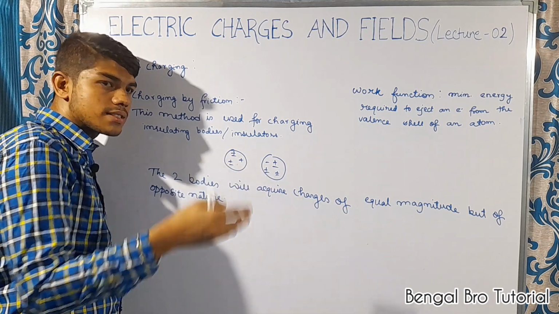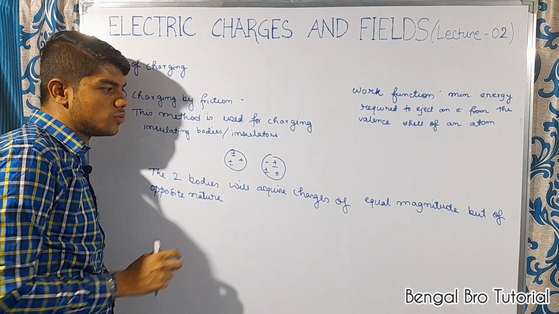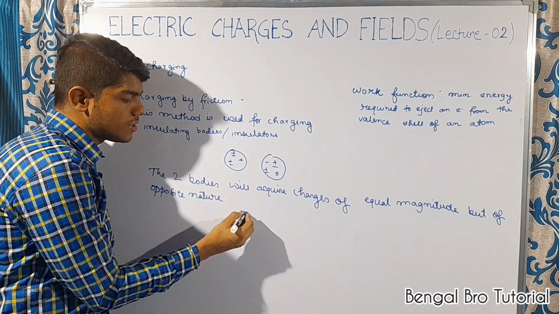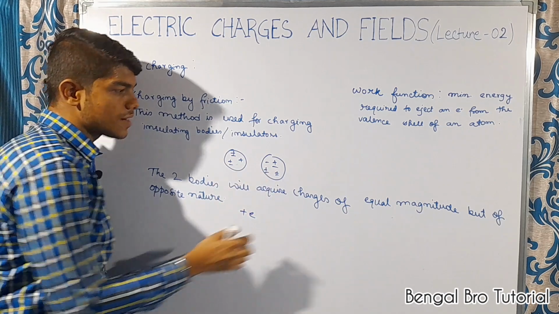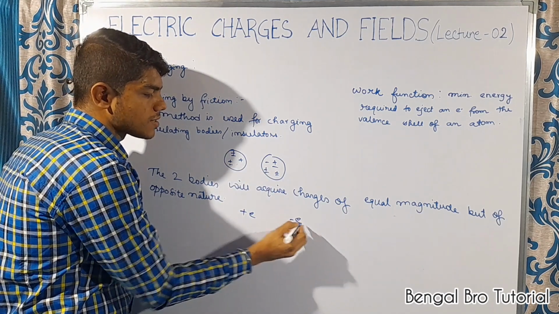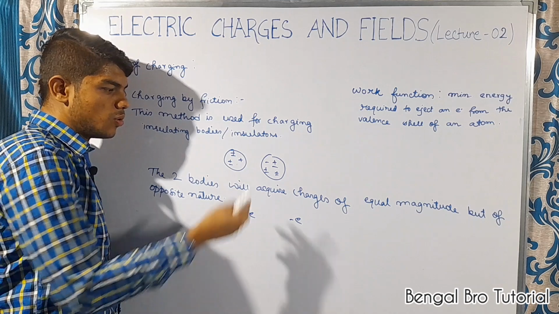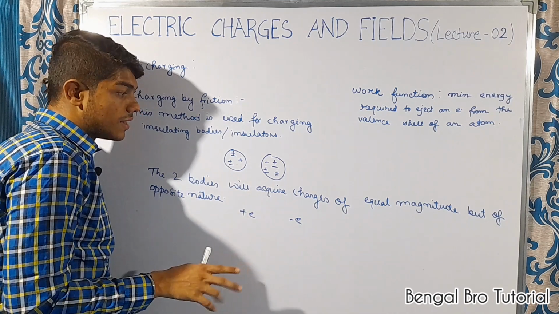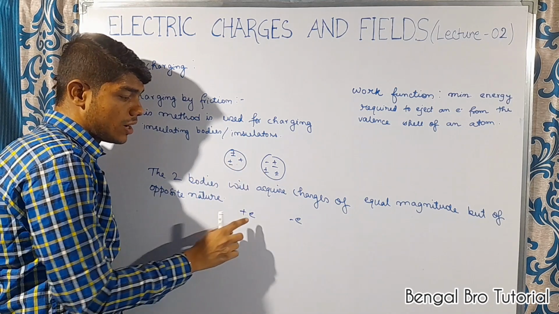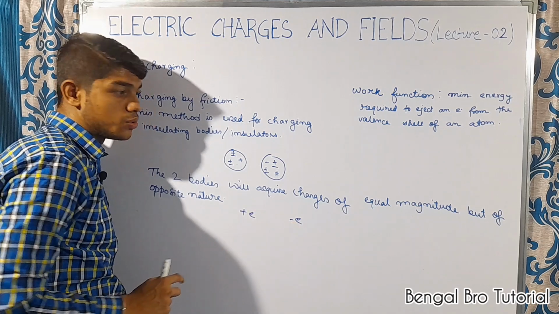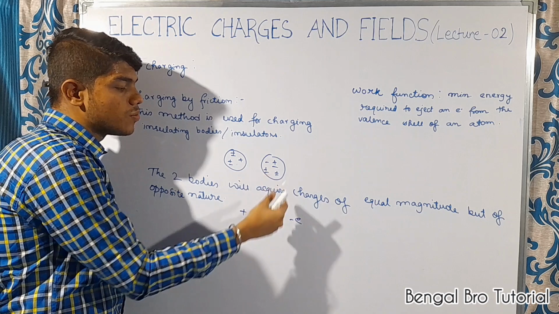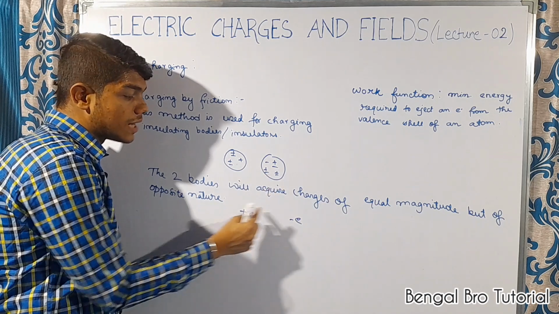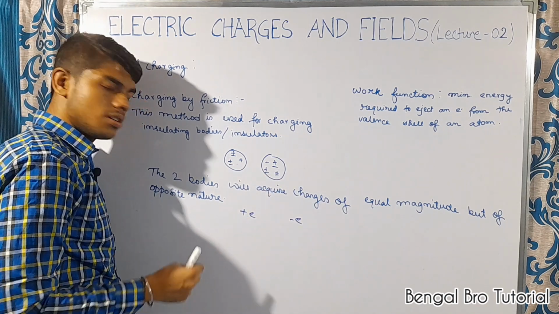If I ask you what is the charge on this body, you will tell me plus e. And the charge on this body is minus e. So, you can understand that the two bodies have acquired charges of equal magnitude, but their nature is different. One body will acquire positive charge and the other body will acquire negative charge.